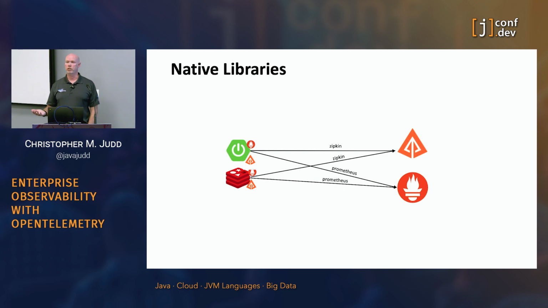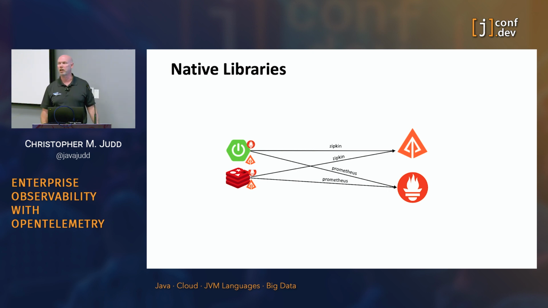So if you are using any type of observability today, you are probably using a library that you have embedded inside your application. So I've shown here the examples of Zipkin and Prometheus, but it could be a commercial product like, I've done a lot with New Relic, for example.